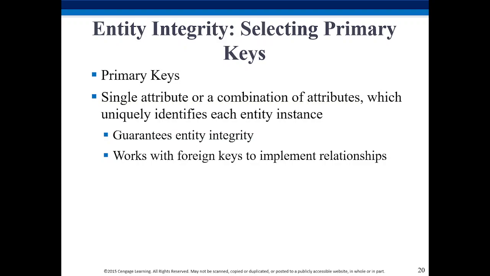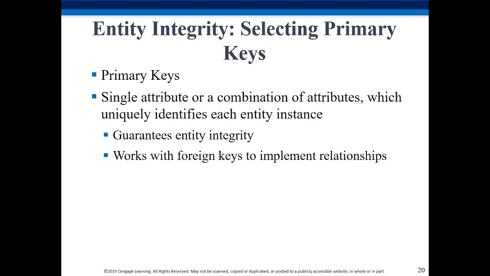This is one of the important characteristics of the entity. For entity integrity, our primary key must not be null and must be unique. The function of the primary key is to guarantee entity integrity, so it is very important.